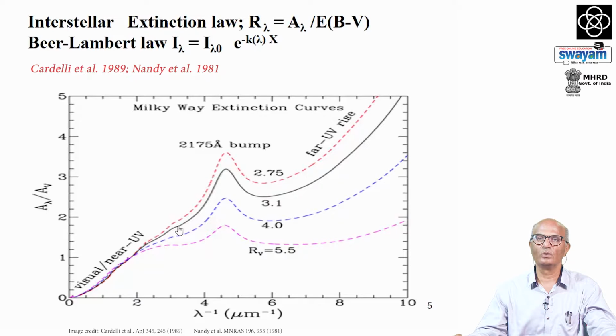But there are also star forming complexes where it deviates. In some cases it has a value as low as 2.75, and in some cases it increases, and the maximum value which has been observed goes up to 5.5.